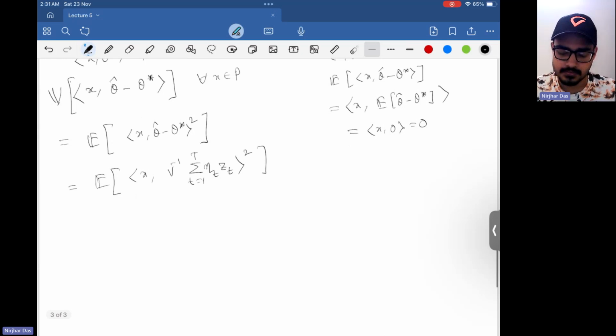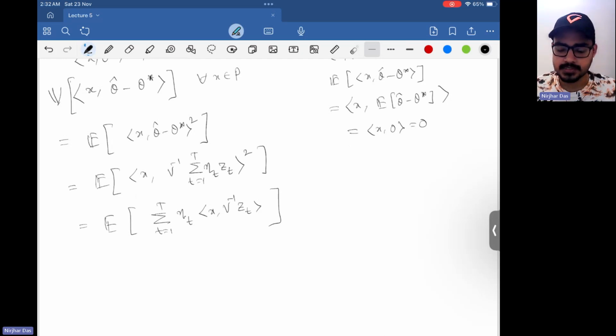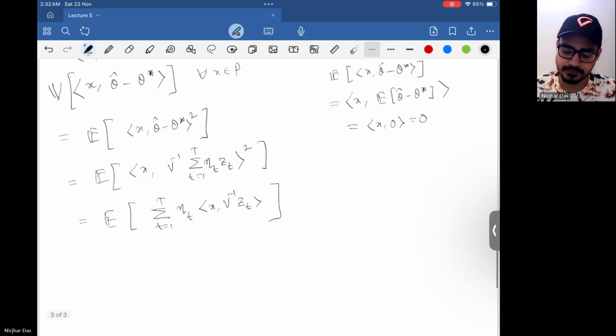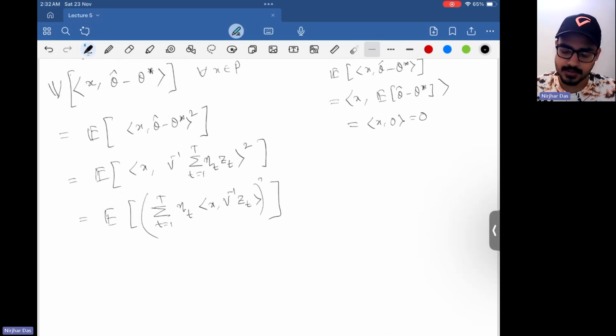Fine. So this again can be written as the summation t equals 1 to T of eta t times x V inverse Z t. I just pulled the summation outside, and you still have the square hanging out.